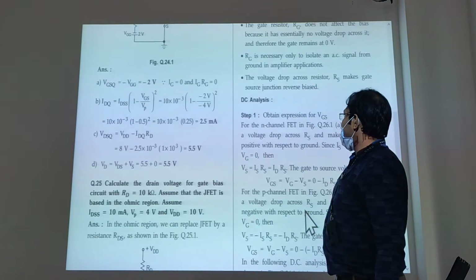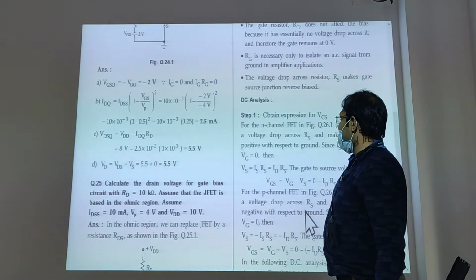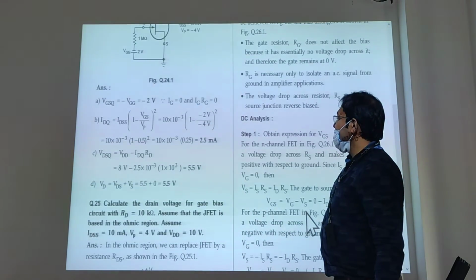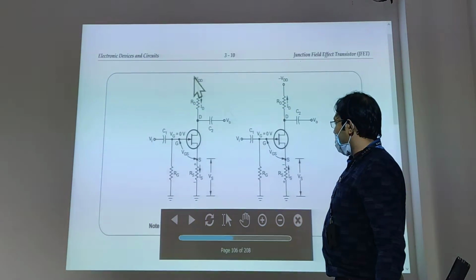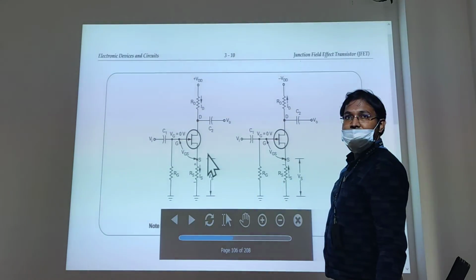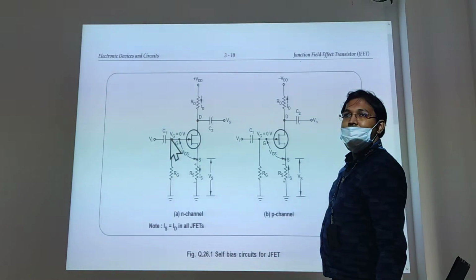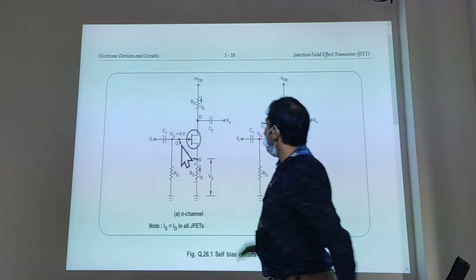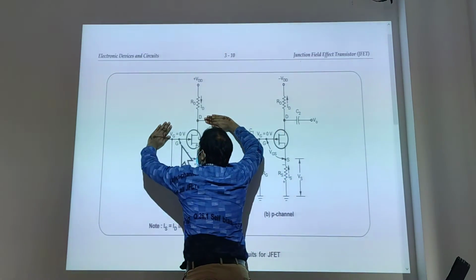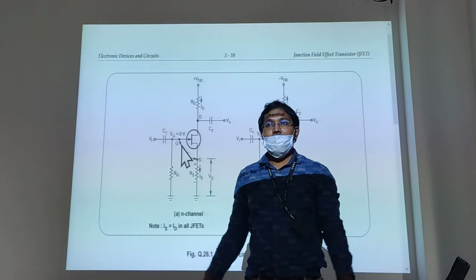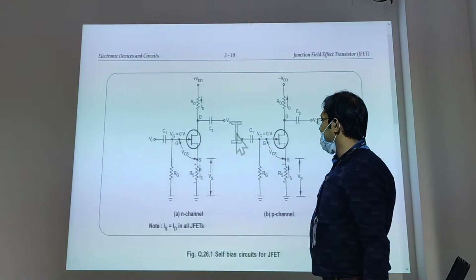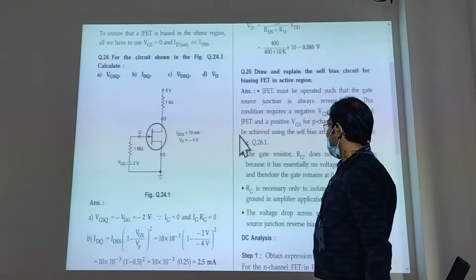Next, DC analysis. You know very well what we do after we draw the complete circuit. We go for DC analysis. DC analysis means capacitor will act as open circuit. So this part is gone.